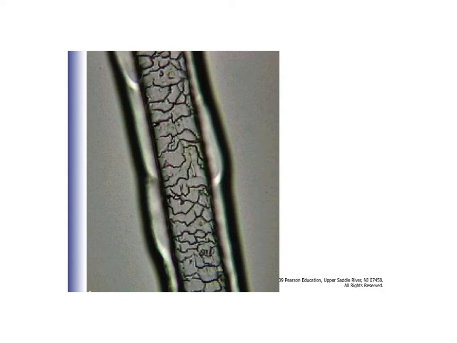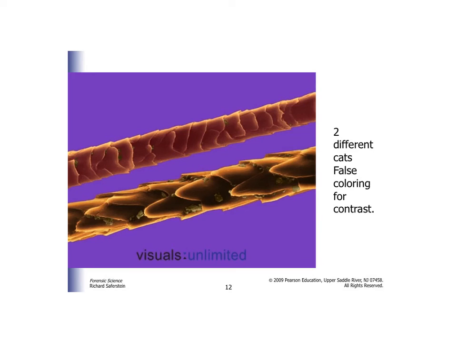What about this? Yeah, this one looks like a mosaic or some type of really irregular wave, maybe. Here we go. This one's very much coronal. These are two different cats. Now what they've done is false coloring so that you can see them.